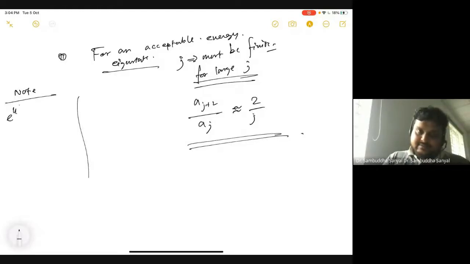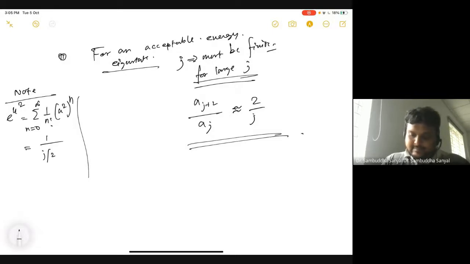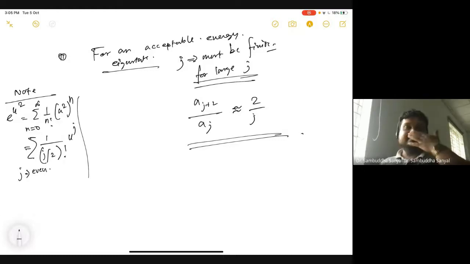e to the power u square is basically... I can rewrite this in this familiar notation where j is even.